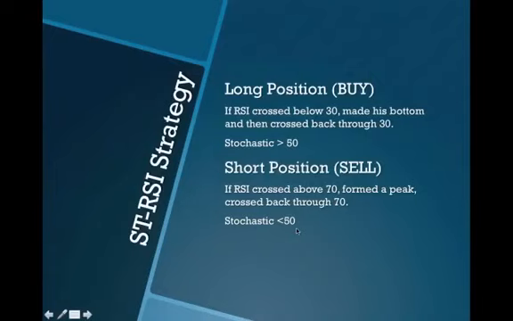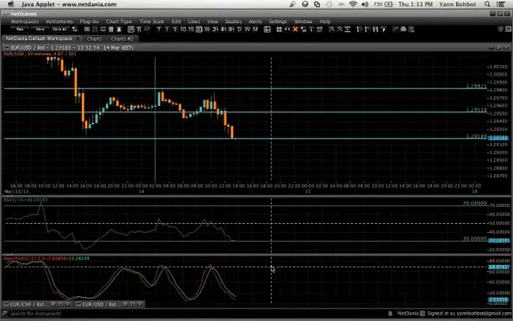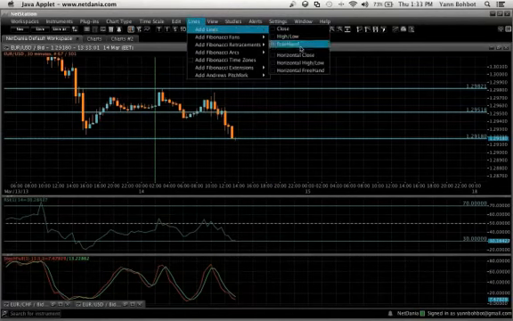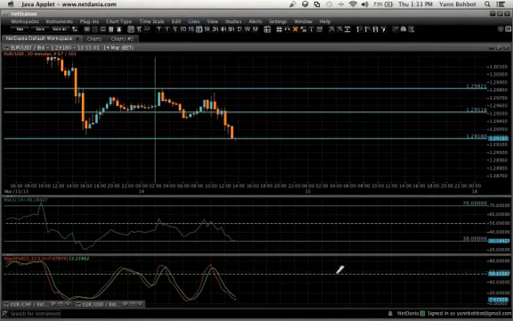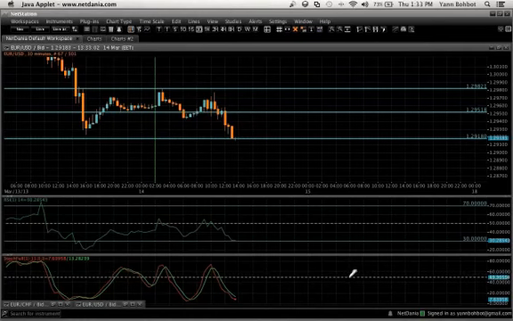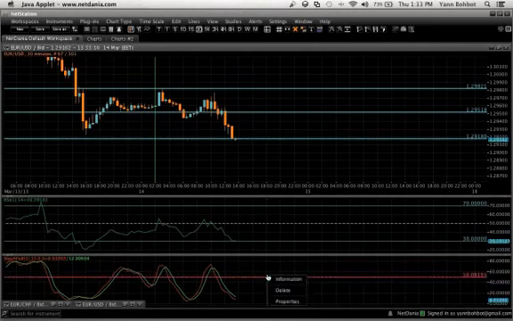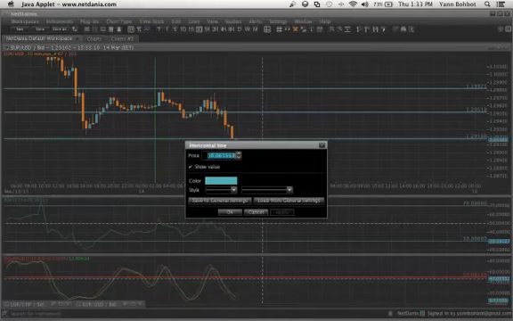If RSI crosses below 30, makes its bottom, and then crosses back through 30, I'm opening a position. And the stochastic has to be higher than 50. Let's put our 50. Forgot to put 50.